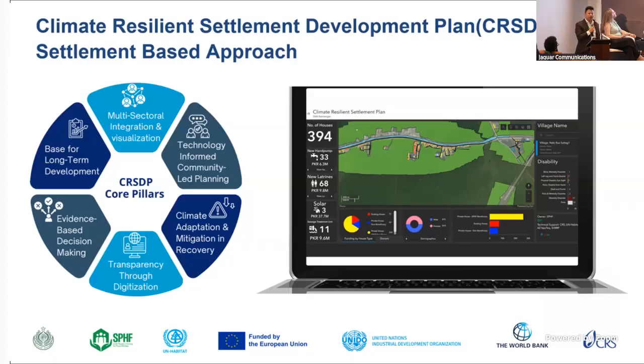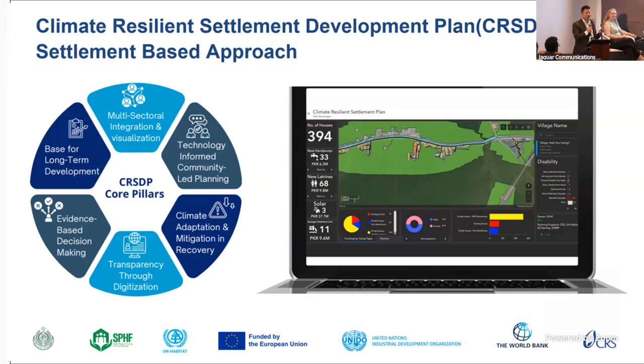While we were working with government to reconstruct these 2.1 million homes, multiple needs from multiple sectors were identified, and that is where we came up with this pilot concept of climate resilient settlement development plan. It's basically coupling the community-led process, like colleagues were mentioning before, with technology and integrating it within the system of the government for long-term use.